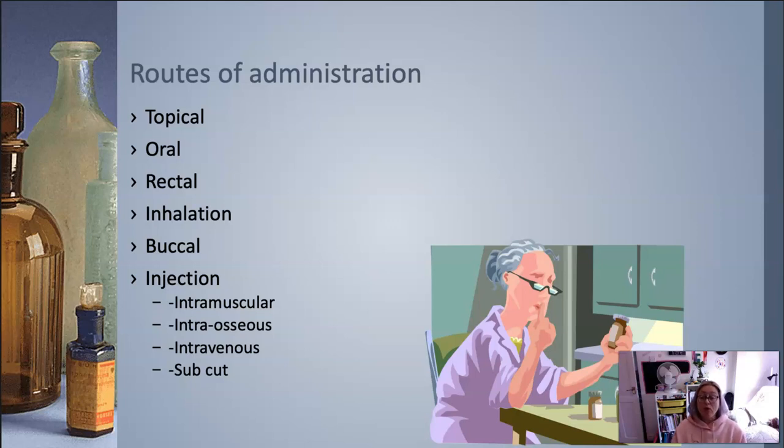We could have a buccal administration, so this is underneath the tongue. Different medications are administered this way. Again, it could be something like lorazepam, which is administered underneath the tongue. There are some diclofenac type anti-inflammatory medications which are also administered under the tongue.